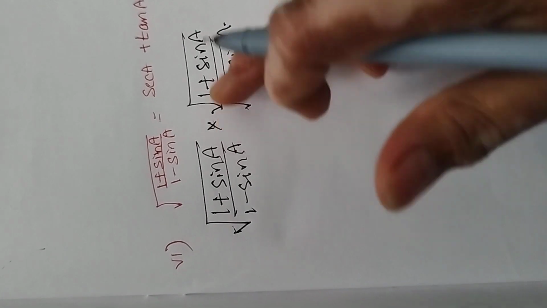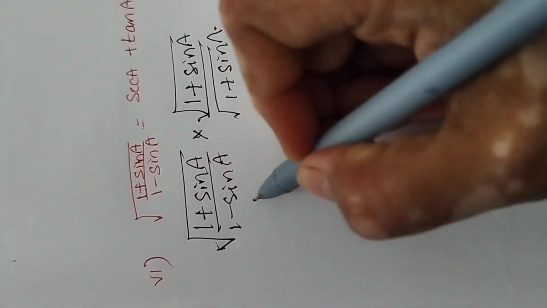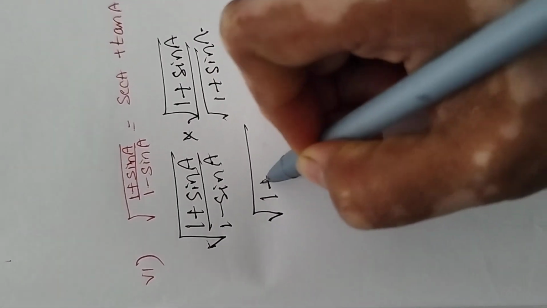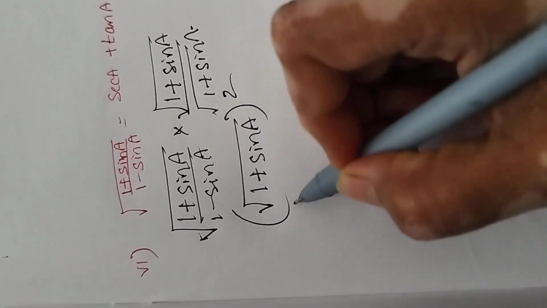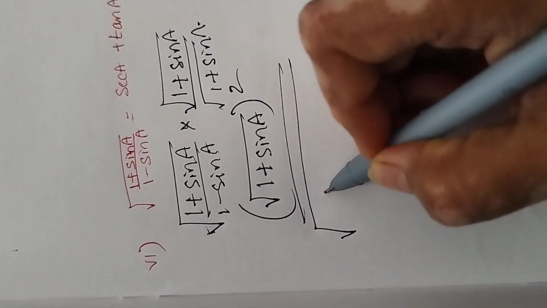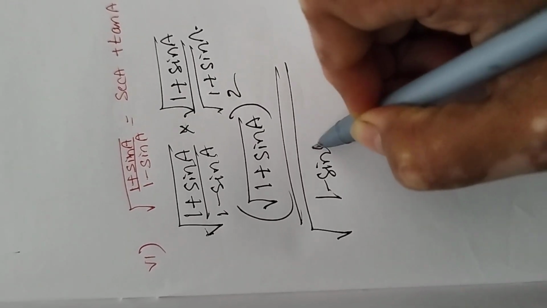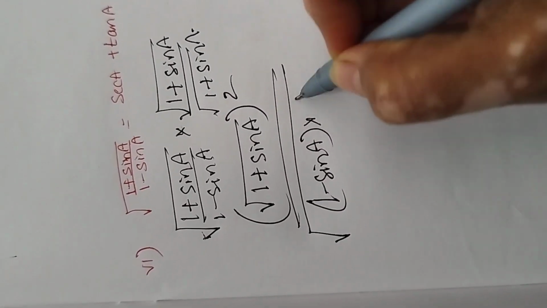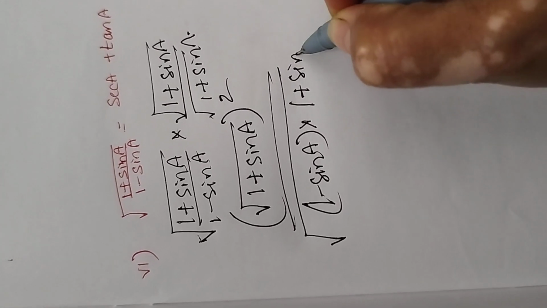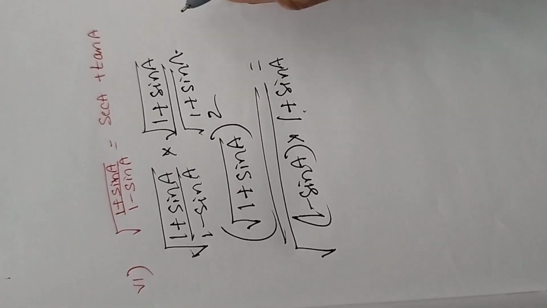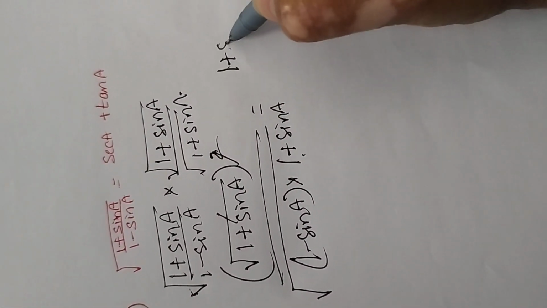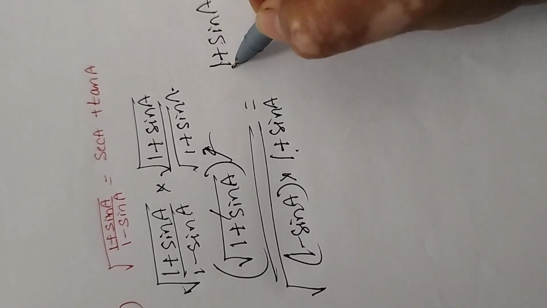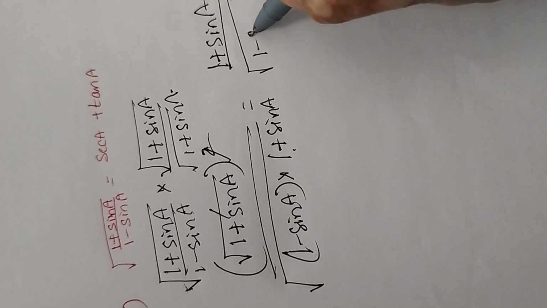Root of a plus b, root of a plus b means root of a plus b whole square, over square root of 1 minus sin a into 1 plus sin a. So a plus b into a minus b means a square minus b square in the denominator. The square root cancels, 1 plus sin a by root of 1 minus sin square a.